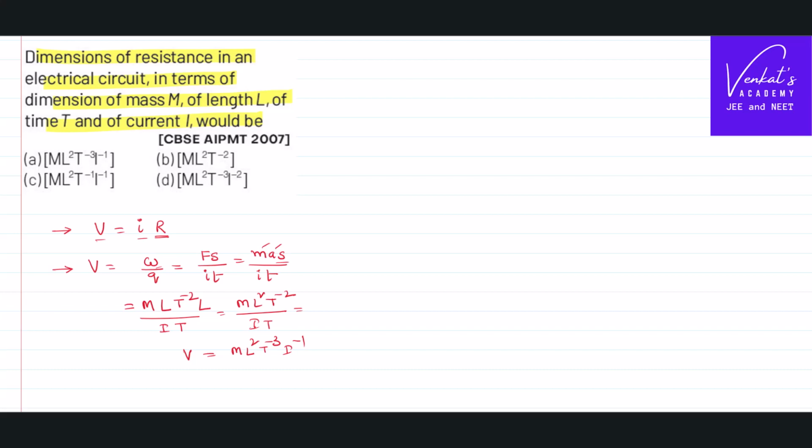Now I also have to write it for current. Current is defined as rate of flow of charge. Q could be written as I t. So current, being a fundamental quantity, has a dimension of I itself. Now I need to find out for resistance.